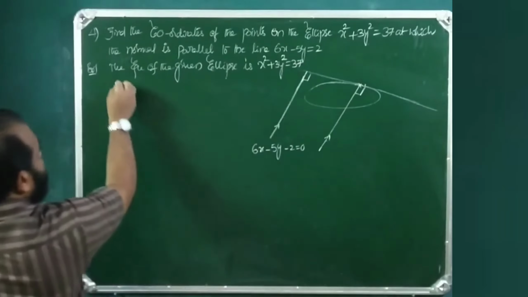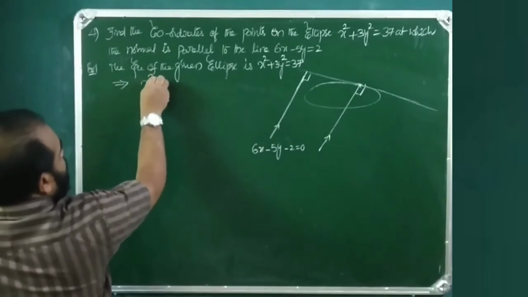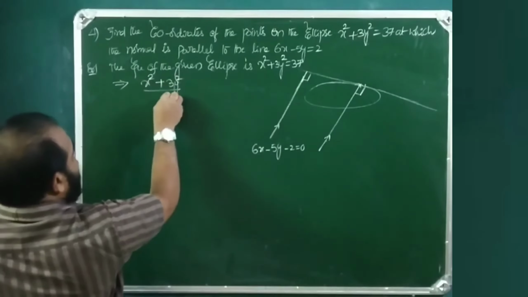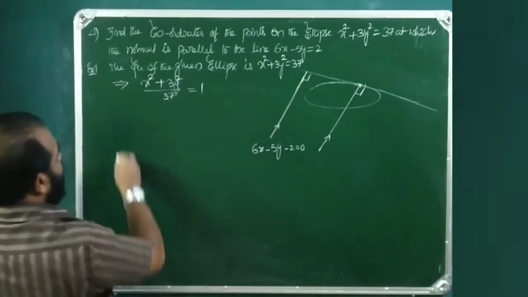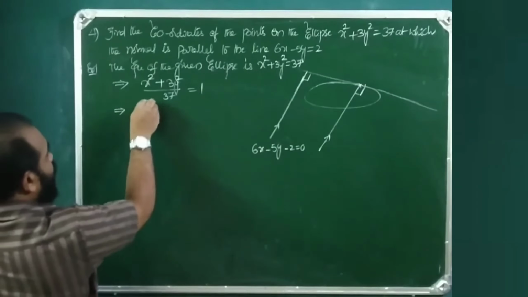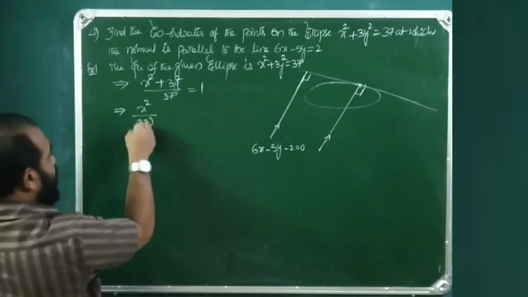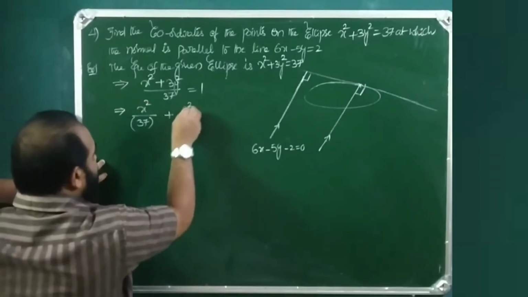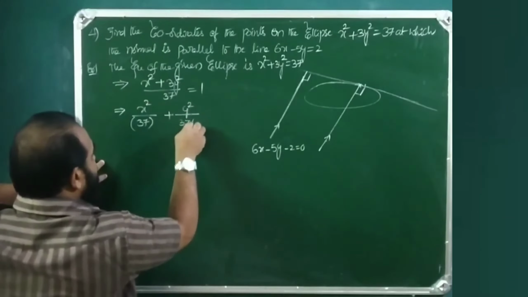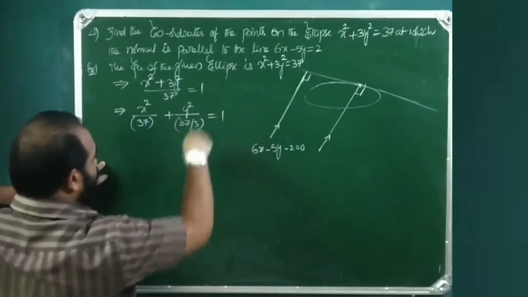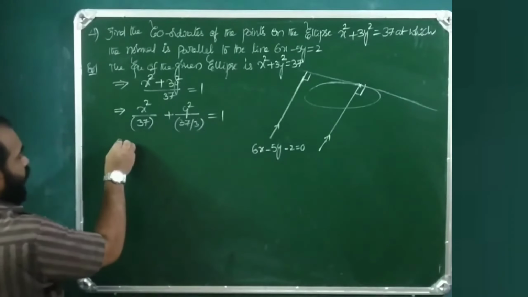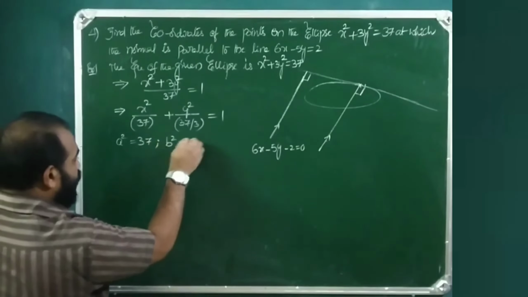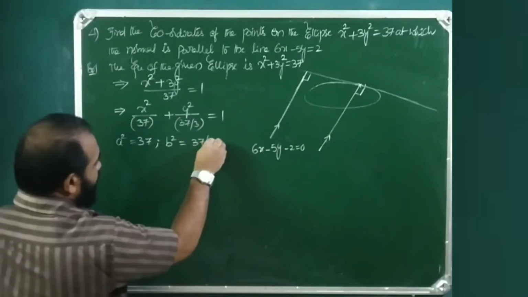So that implies x square plus 3y square by 37 equals to 1. This implies x square by 37 plus y square by 37 by 3 equals to 1. So a square equals to 37 and b square equals to 37 by 3.